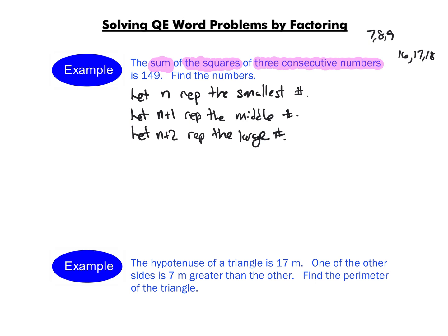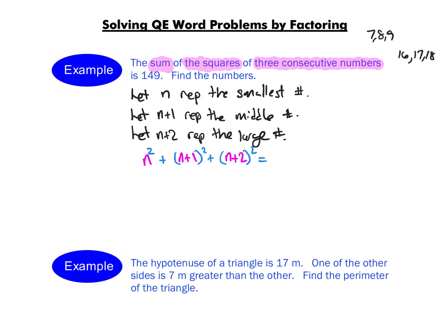Now what? Well, the now what is, let's make an equation. Well, we're going to square these and we're going to add them up together. Cool. So we have n, n plus 1, n plus 2, and we are going to square them and add them together.